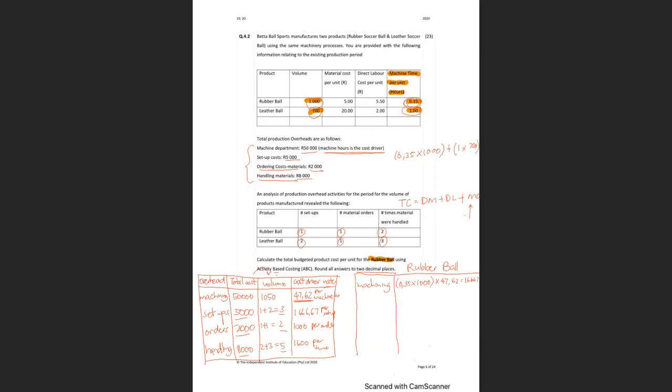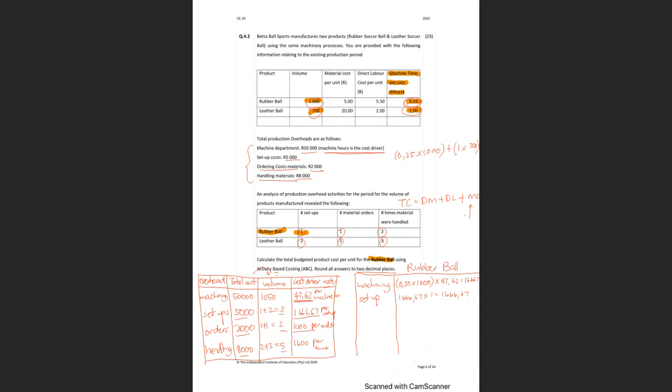Then you have your setups, it's 1,666.67. We need to look at how many setups the rubber ball product needs. So it requires one setup. So you're going to say 1,666.67 times 1, which is 1,666.67.